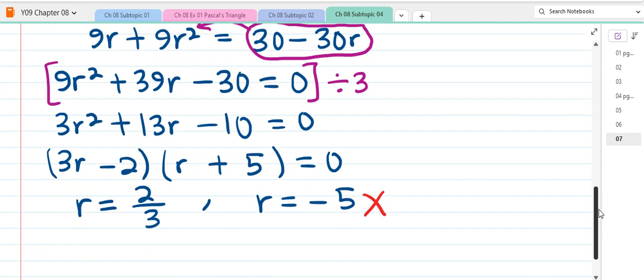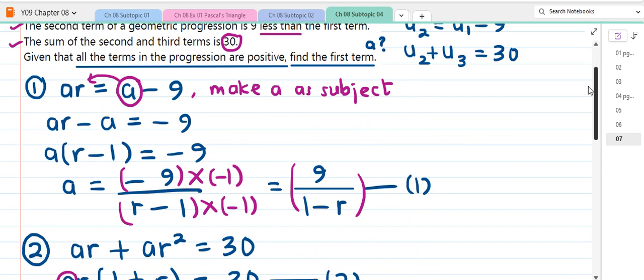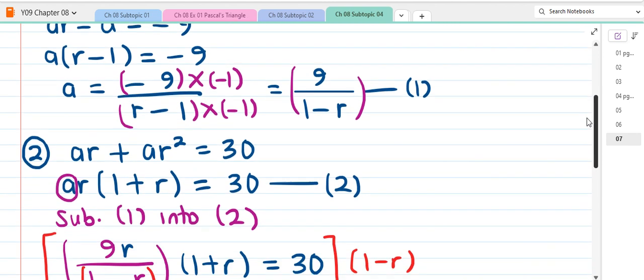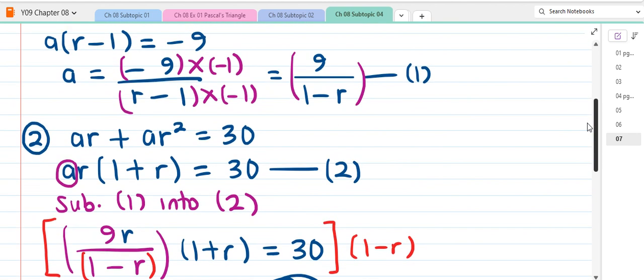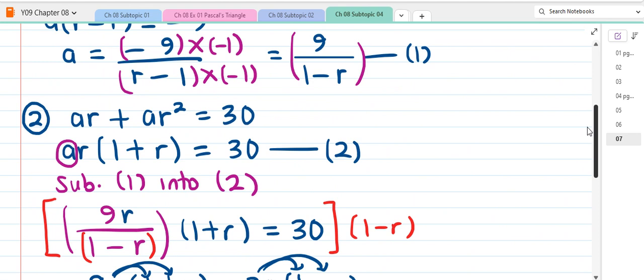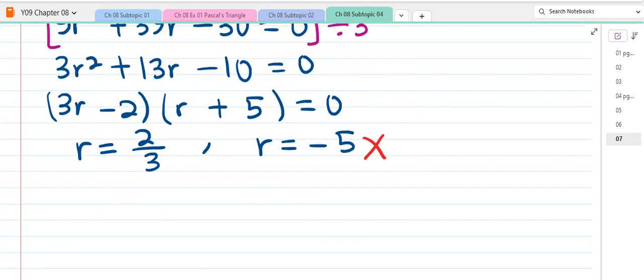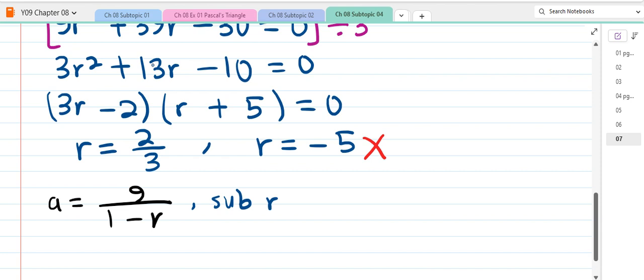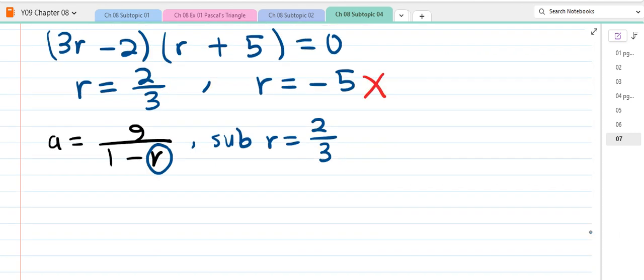Okay, for this particular r, you have to find the first term a. So in your first equation, a equals to 9 over 1 minus r. So let's copy down a equals to 9 over 1 minus r. So we substitute r equals to 2 over 3.